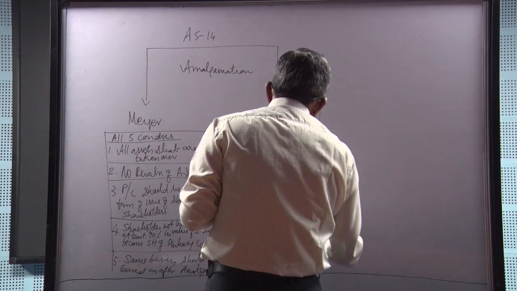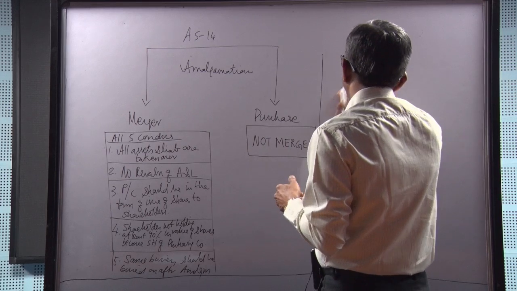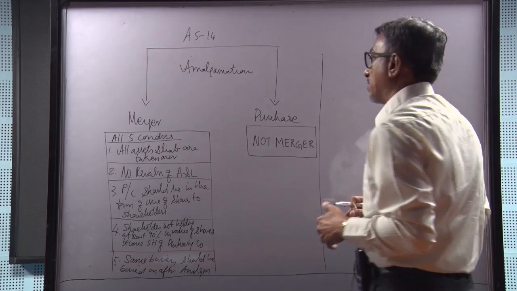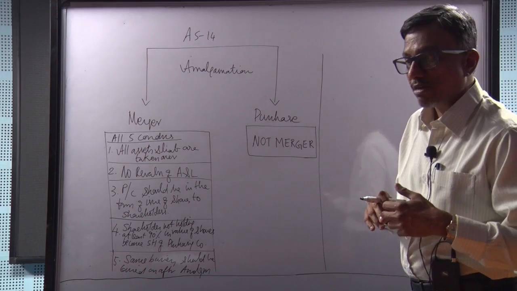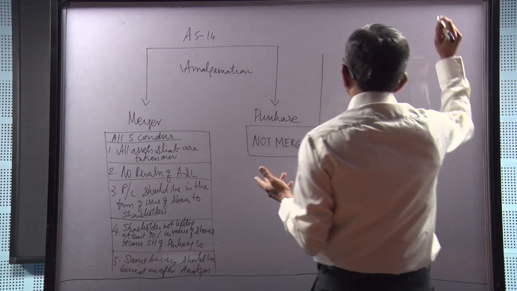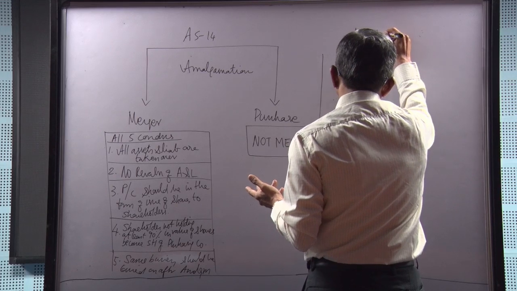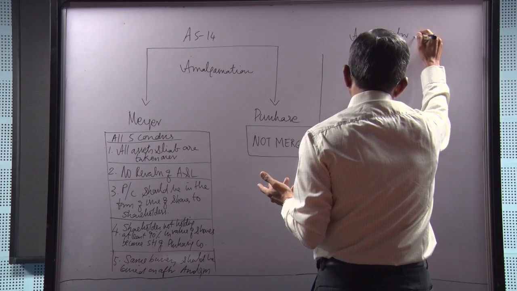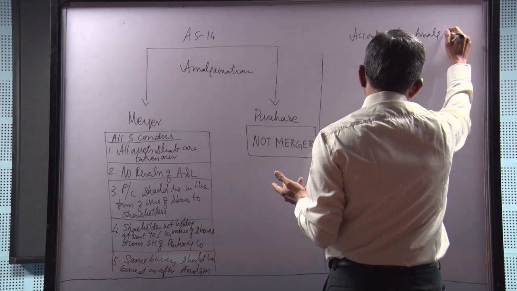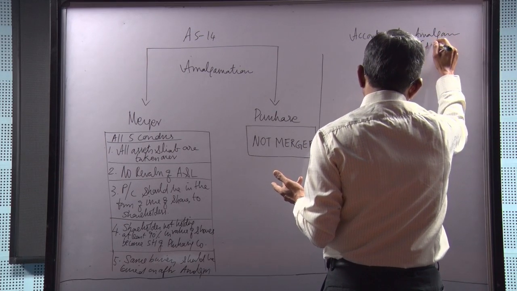Now, the accounting treatment for amalgamation, as I told you, depends upon whether the amalgamation is merger or purchase. How does it change? Accounting for amalgamation as per AS 14.